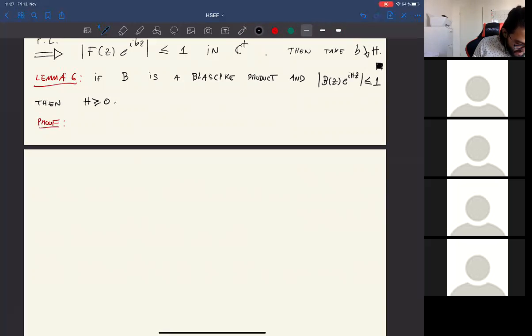The proof is to do by induction. So you define B of z, let me write it explicitly, as the Blaschke product over k greater than n, and then the factors for k from 1 to n.